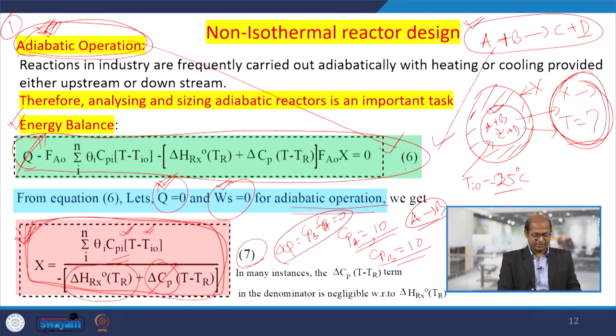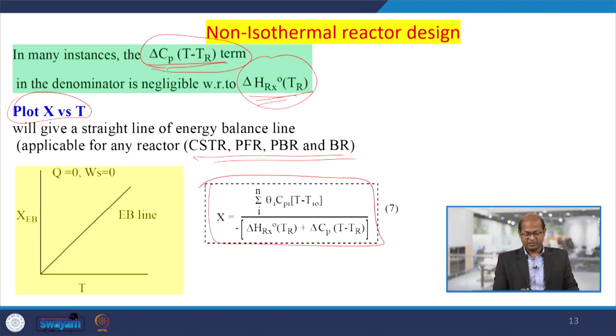Or let us say, for any reactor, this is the equation we have derived, equation 7 from the energy balance equations. If it is adiabatic, Q equals 0, and equation 7 is this. Here, except for T, the other components are known: the heat capacity change is known, the heat of reaction for that particular temperature is known, Cpi for individual components is known, and Ti is known.